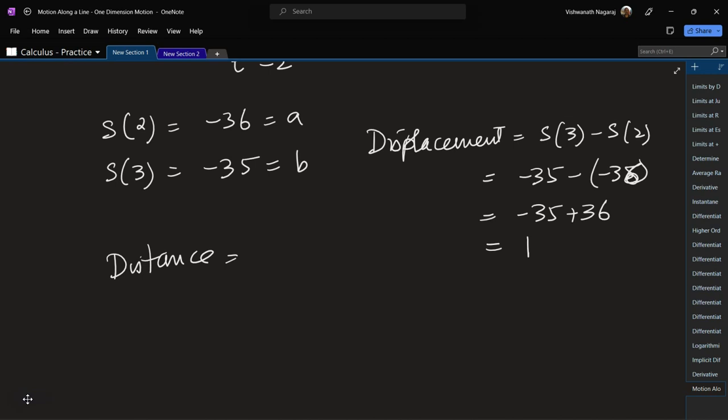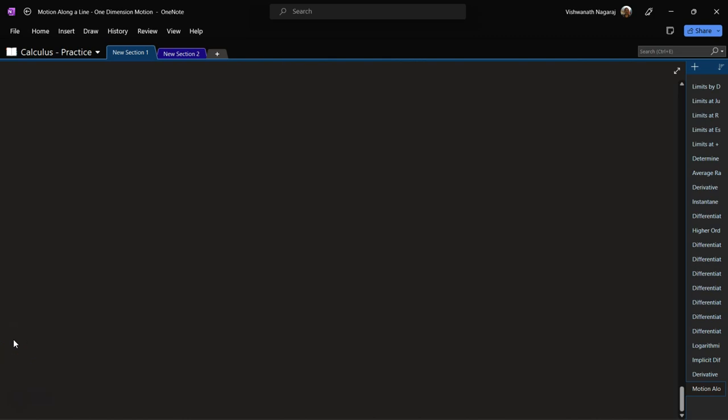Distance is going to be magnitude of A minus magnitude of B, which is magnitude of A is 36 minus magnitude of B is 35, which is equal to 1. So whenever there is no change in direction, the displacement and the distance remain the same.